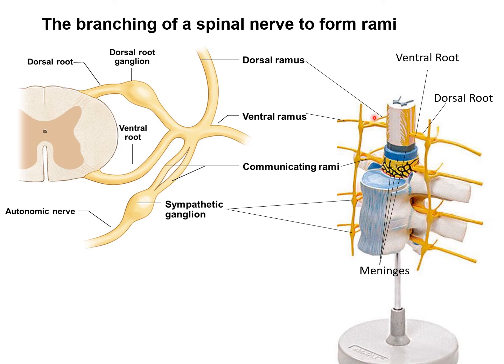A branch goes around to the back, that is the dorsal ramus. The ventral rami are going out to the side, essentially traveling with the ribs. And finally, the communicating rami are literally communicating with this sympathetic chain of ganglia. Here's one, and here's the second. Definitely make sure you spend some time with this model.